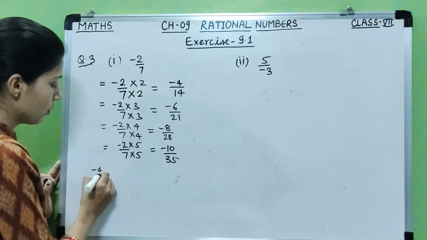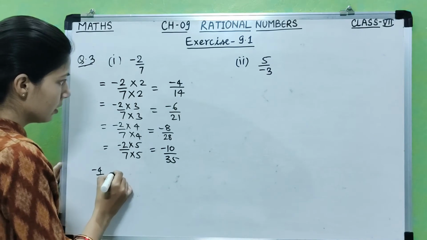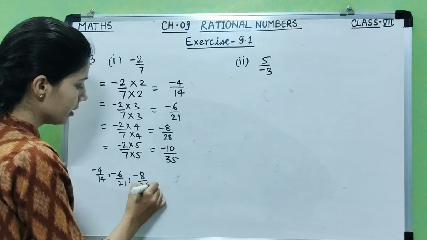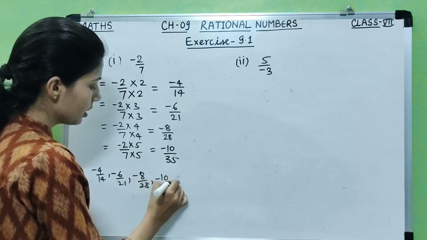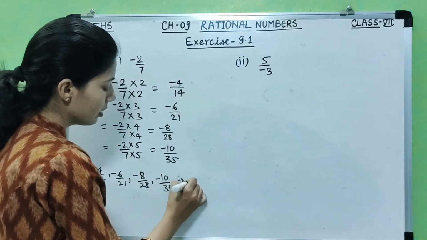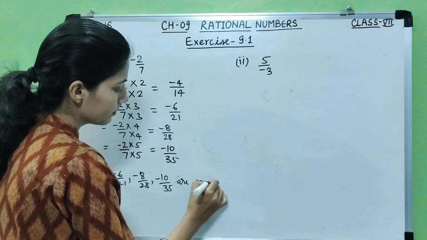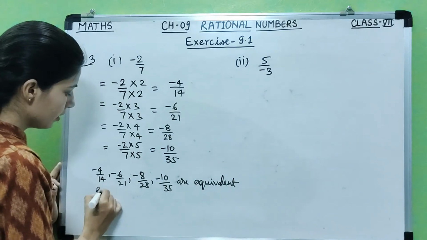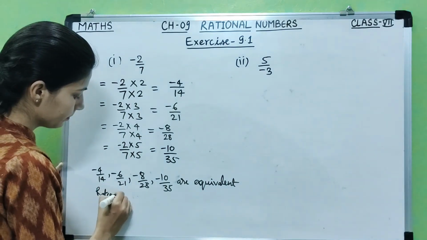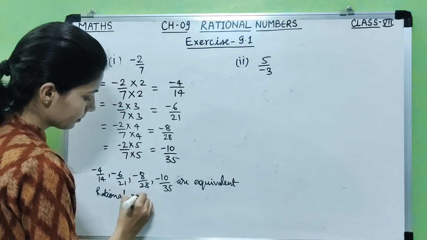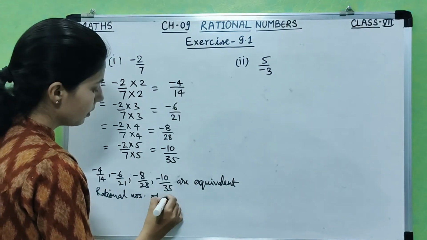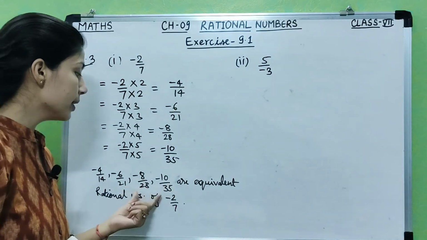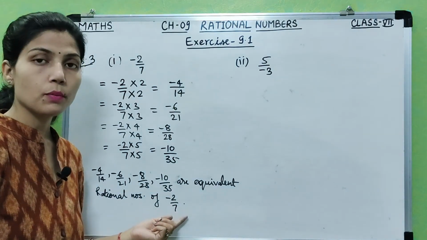So -4 upon 14, -6 upon 21, -8 upon 28 and -10 upon 35 are the equivalent rational numbers of -2 upon 7. ये 4 आपके क्या हो गए, इक्विवेलेंट रैशनल नंबर ऑफ -2 upon 7.